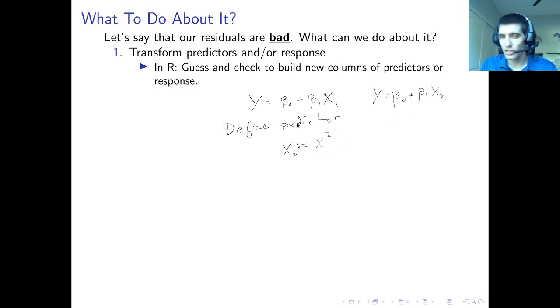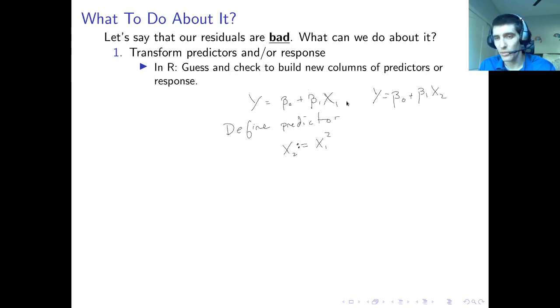This is just a little bit of magic, but the deal is that I can treat a certain transformation of an input variable as its own predictor. So I'm defining a new variable x2, which is just squaring the first one, and then this relationship between x and y is linear in x2, right?